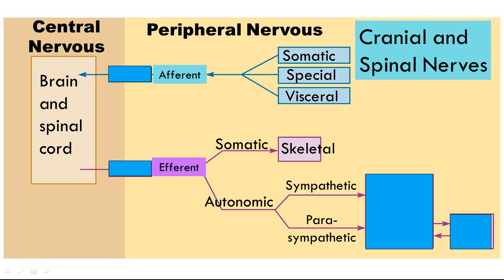These are terms which you may not have ever used before, but you've talked about them if you've ever talked about somebody's response to something. Sympathetic, if you've ever talked about the fight or flight response, you are talking about the sympathetic nervous system, a subdivision of the autonomic efferent peripheral nervous system.